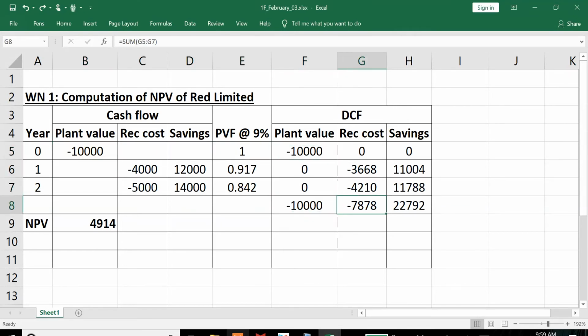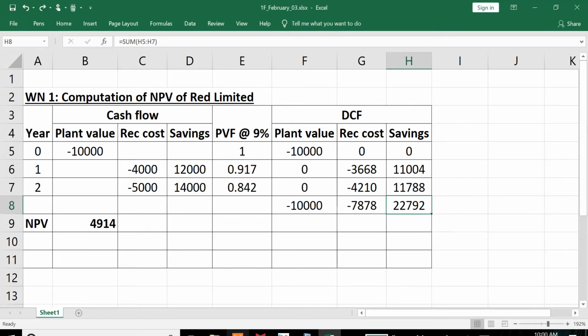This can become 0 if the present value of recurring cost goes up by 4914. It can also become 0 if the savings come down by 4914. So the formula is change by base into 100 for sensitivity.